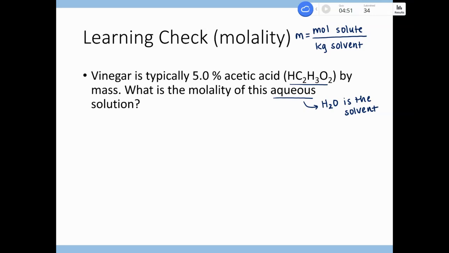This is by mass, so we need a mass ratio. We'll use grams. But 5% acetic acid, converting this to values, we can use 5 grams of acetic acid are present for every 100 grams of the solution.